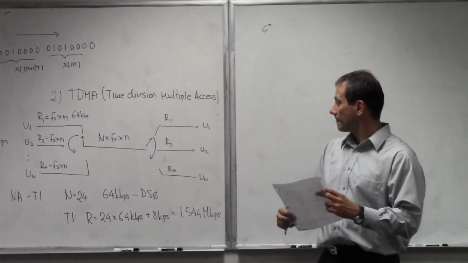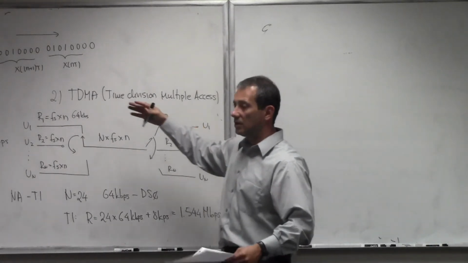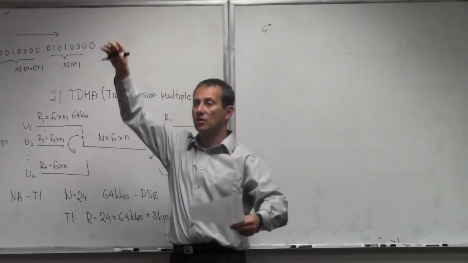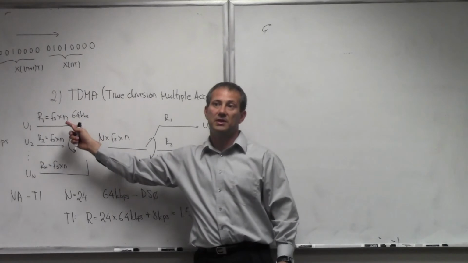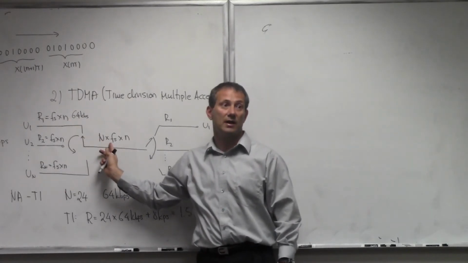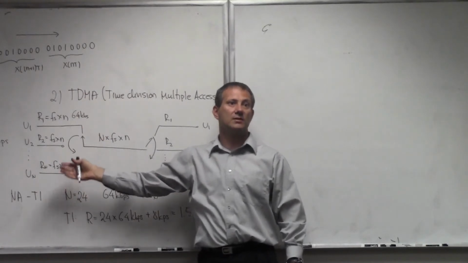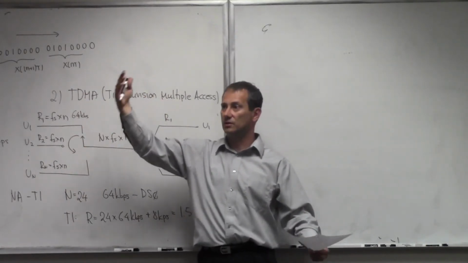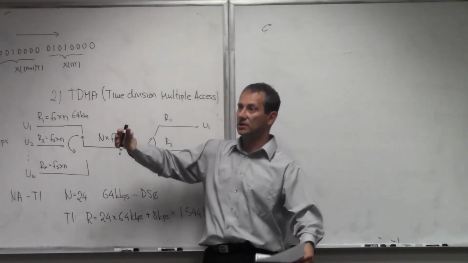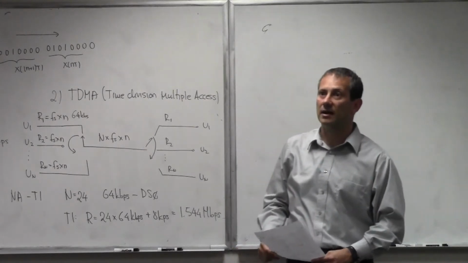Okay. And then what happens is you can build the hierarchy as you go. Just like I multiplex multiple DS0s into a single T1 line, I can multiplex many T1 lines into an upper level, and then you have DS0, DS1, DS3, DS5. So it goes into ever higher and higher hierarchies.